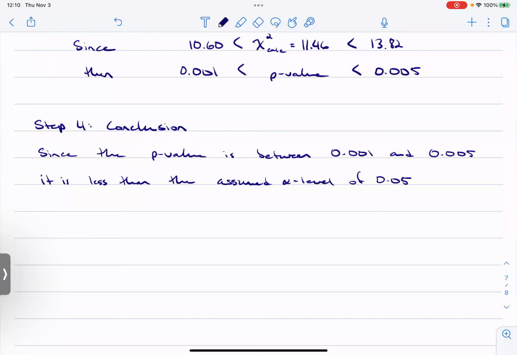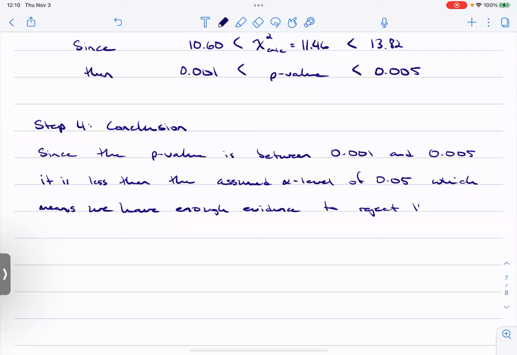Which means I have enough evidence to reject H naught. Of course, our conclusions should match from the critical value approach, which means we have enough evidence to reject H naught in favor of HA.